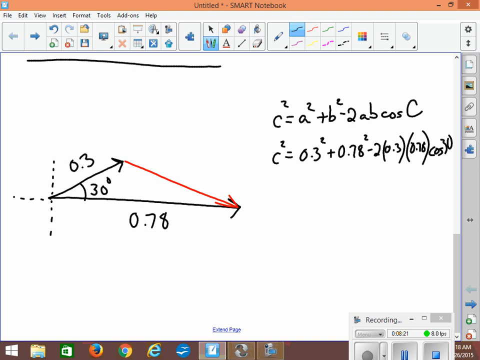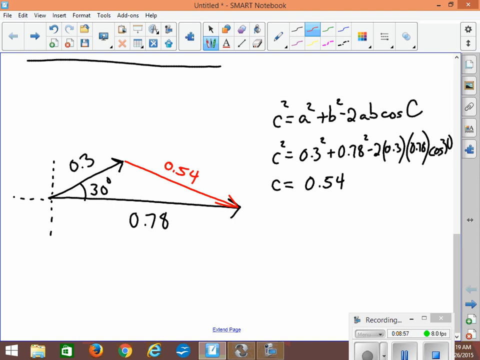And if we crunch this number out, we can work kind of backwards and do the cosine of 30 and multiply it by 0.78, then multiply by 0.3 times 2, change it to a negative sign, and then add 0.78 squared and 0.3 squared, and do a square root. I got 0.54-ish. So c is equal to about 0.54. So I'll put that up here.